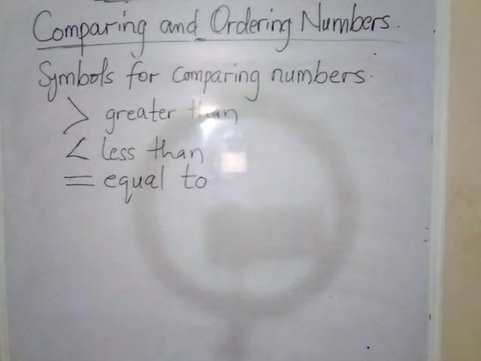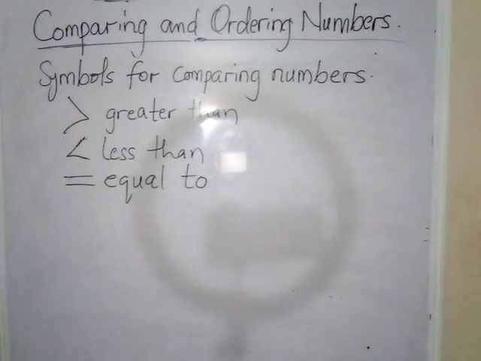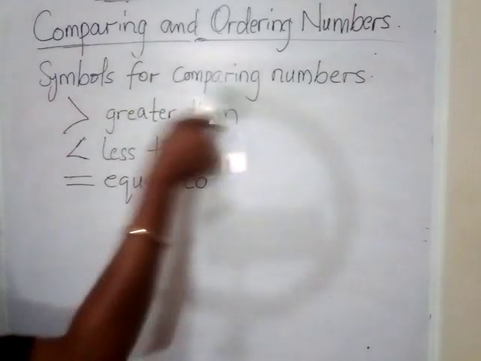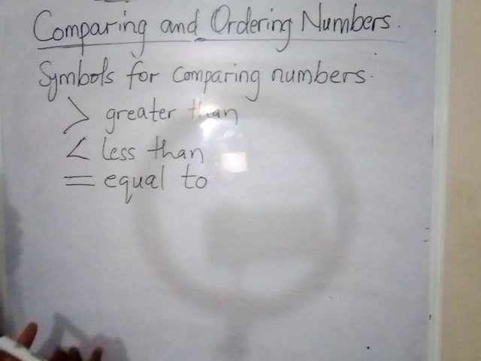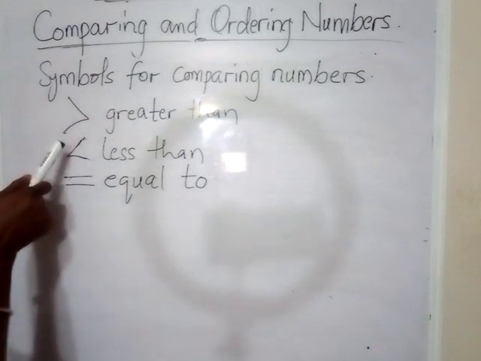Before we continue to compare numbers and order them, we're going to look at the symbols that we use in mathematics for comparing numbers, symbols used when we try to see which number is bigger or smaller than the other. So here are the 3 symbols.